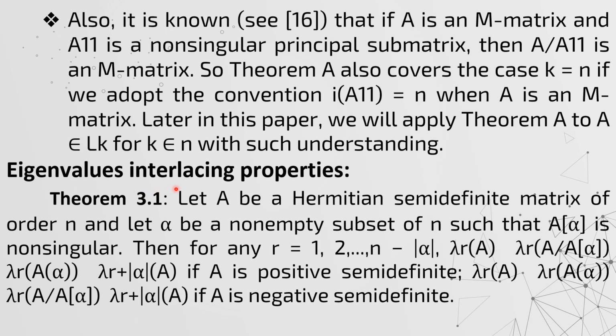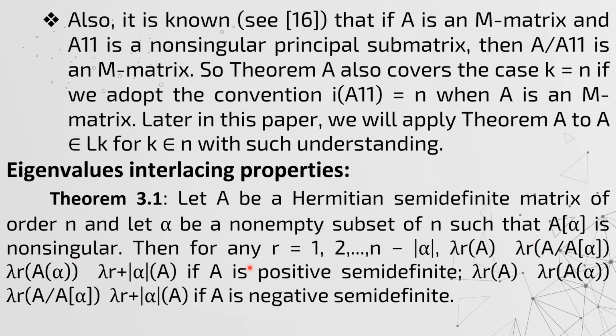Eigenvalue interlacing properties. Theorem 3.1. Let A be a Hermitian semi-definite matrix of order n, and let alpha be a non-empty subset of n such that A[alpha] is non-singular.